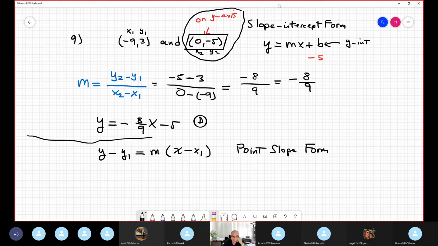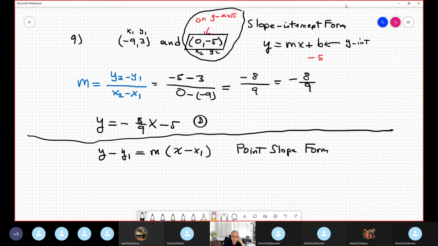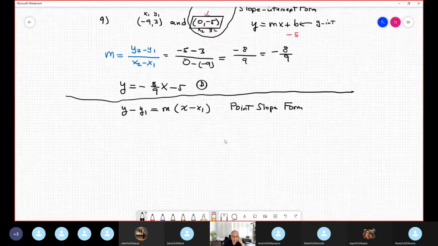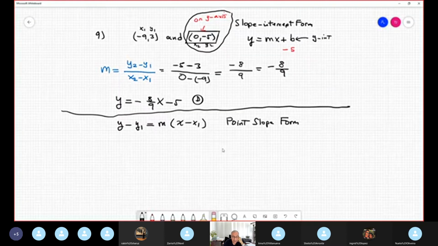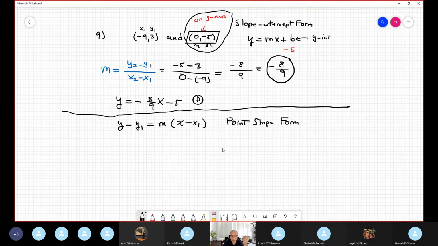Another way is, look, I know that this formula is fantastic, and this formula allows me to find the equation of any line when I have in my hand the information for the slope that I computed before and one arbitrary point. So suppose that I take the first point or the second point.